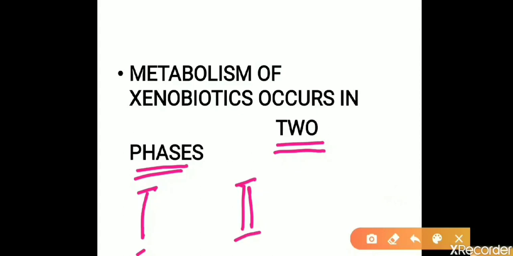In phase 1, some functional groups are added to the chemical molecule so that it is converted into a phase 1 metabolite. This phase 1 metabolite undergoes further metabolism in phase 2, where it undergoes conjugation reaction with more hydrophilic substances, so that it is converted into a more hydrophilic, non-toxic compound that can be excreted from our body.